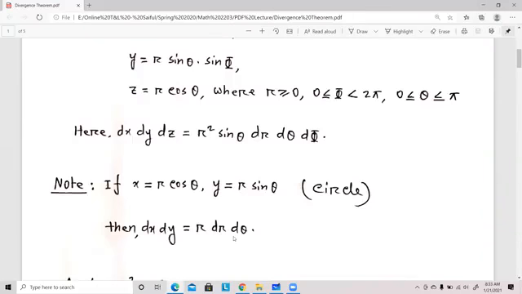In the present problem, since x square plus y square equal 4 is given, r will vary from 0 to 2. And for a circle, the theta range is 0 to twice pi.